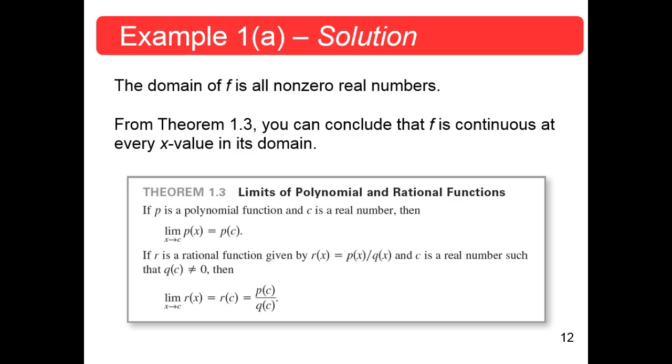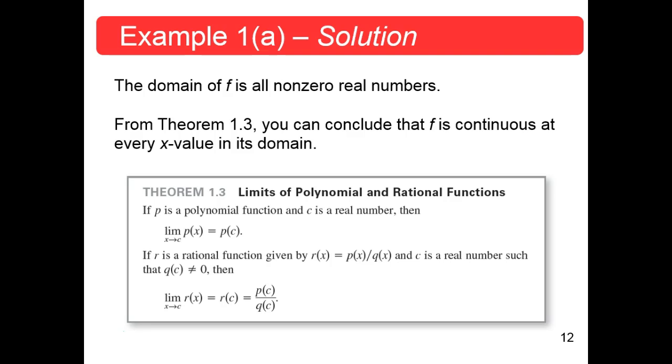Q of 0 is equal to 0. So at that value, it's not defined. So the limit as x approaches C of R of x is R of C, which is P of C over Q of C, as long as Q of C is not 0. And if x equals 0, it is. So that's not defined at C equals 0.